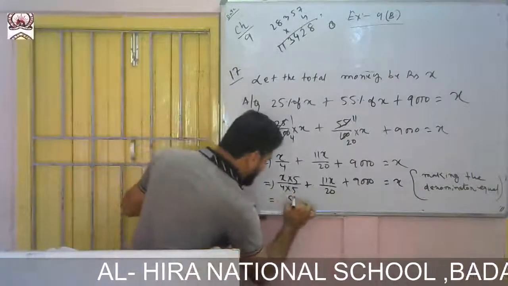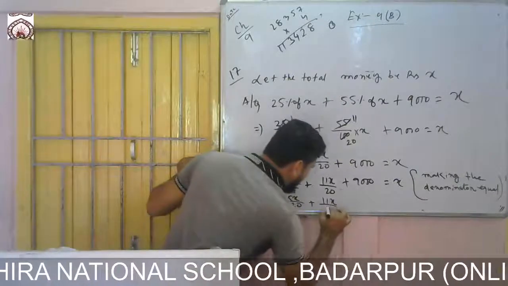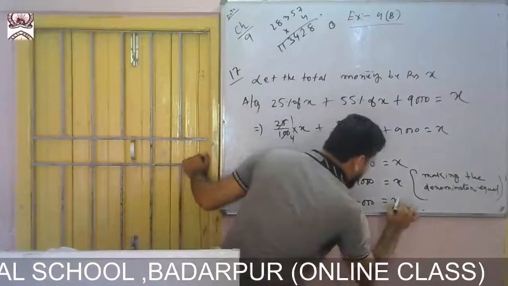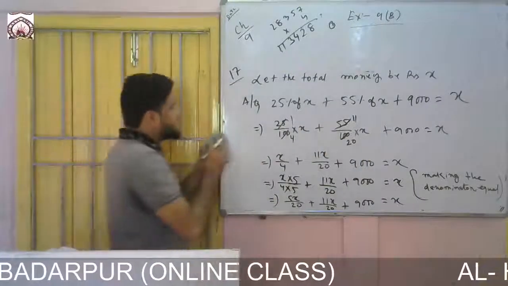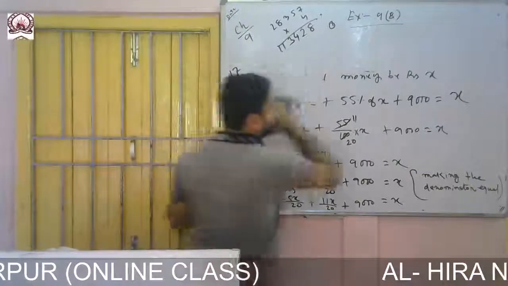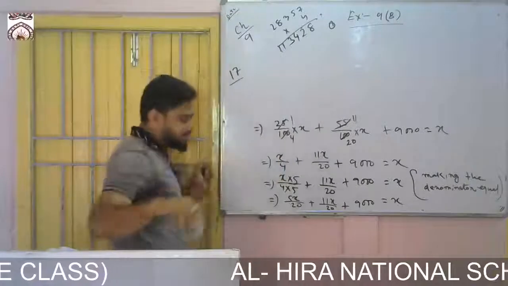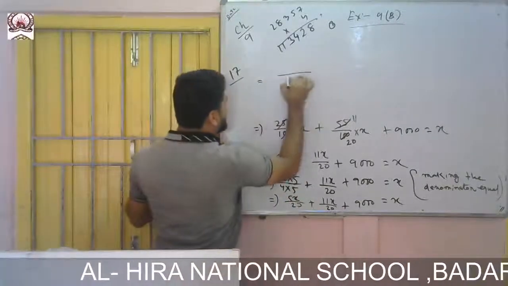So if I multiply, then it is 5x by 20 plus 11x by 20 plus 9,000 equals X. Now I can take the LCM. The LCM will be 20.